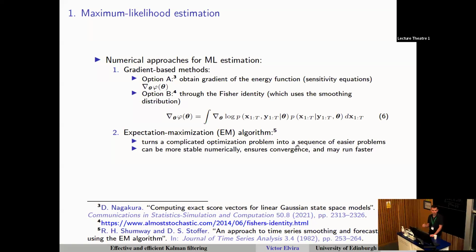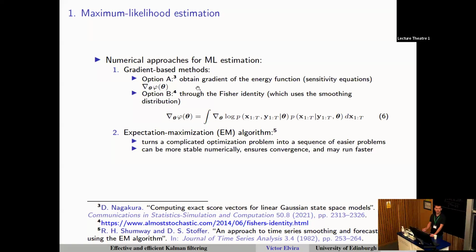So if you want to read a bit more about this view of gradient-based methods using the Fisher identity, I don't know if you keep writing in this blog, but the latest post is 2020, I think. You should write more. So, I'm referring not only to the post but to the blog of Dennis.